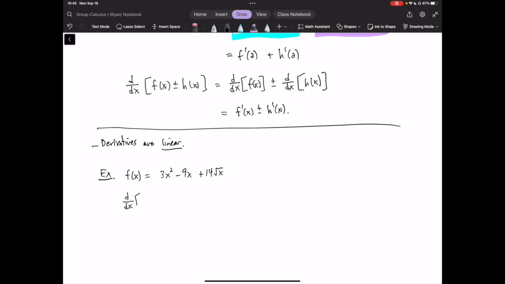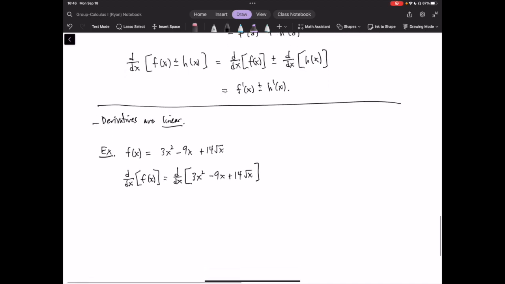We can just go term by term and take the derivatives of the easiest parts. I'm going to rewrite this whole thing and then switch to prime notation, to show exactly how we can compute this if we were given it on a test or a quiz.